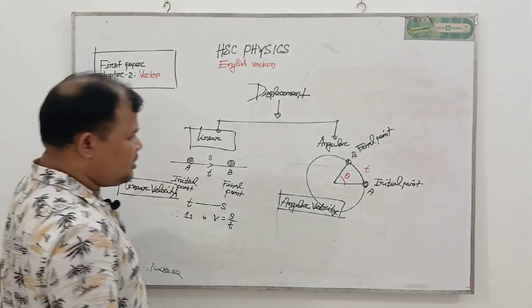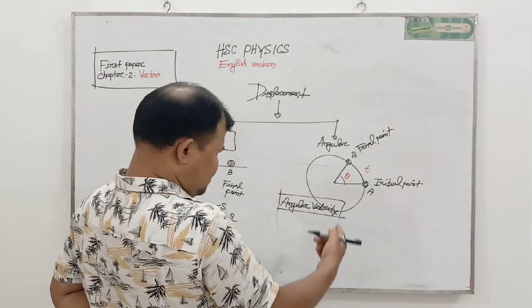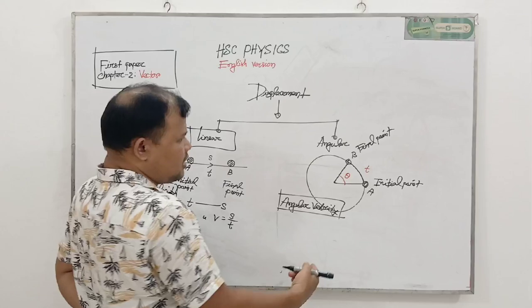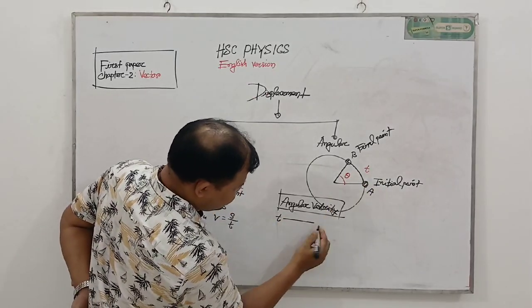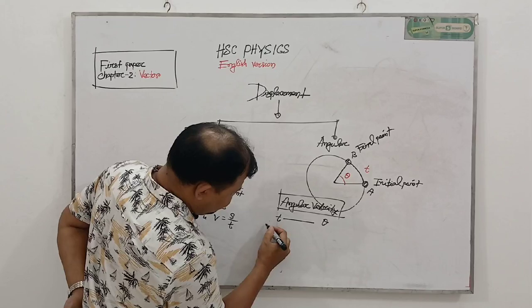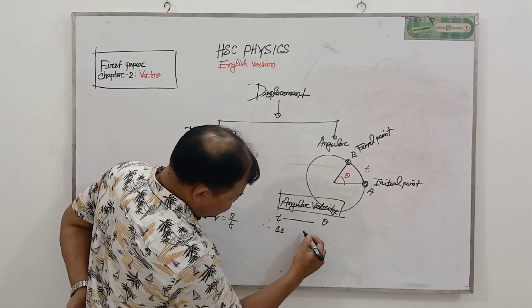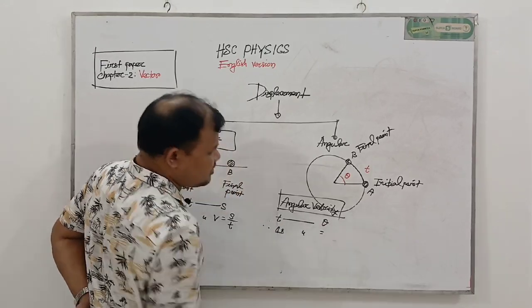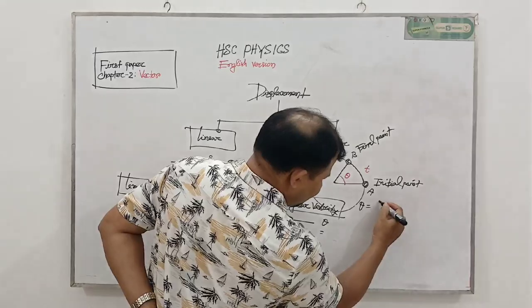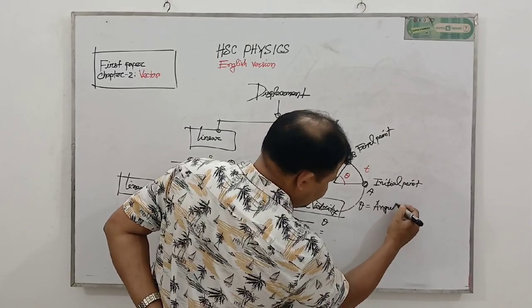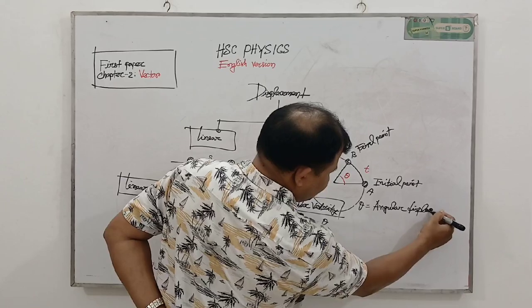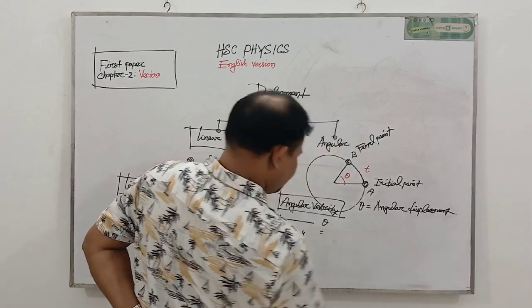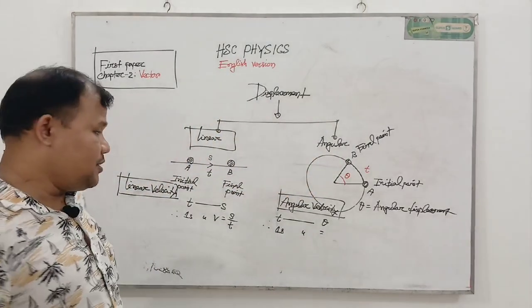My dear students, if any object is rotated around the circular path for time t, the angular displacement is theta. Theta is angular displacement.